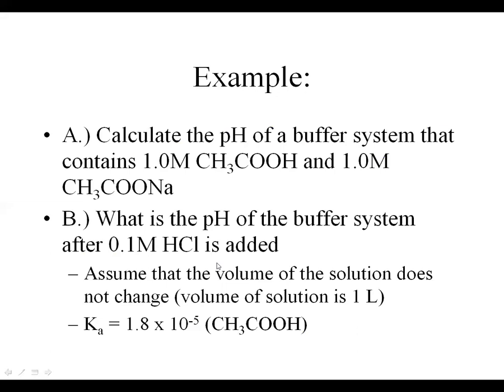So let's start with part A and look at it. In part A, we have 1 molar acetic acid, and we're going to combine it with 1 molar sodium acetate.